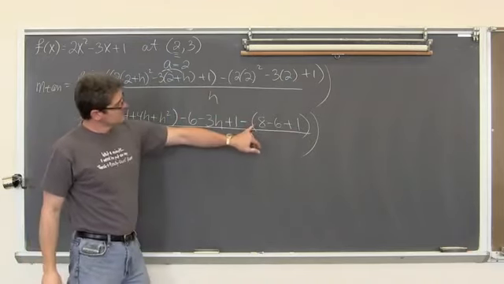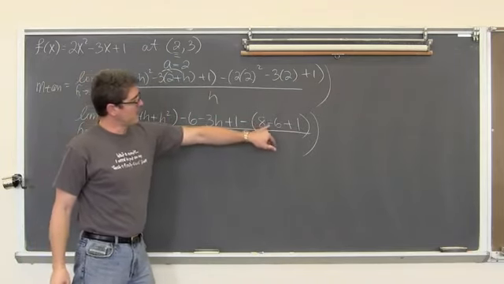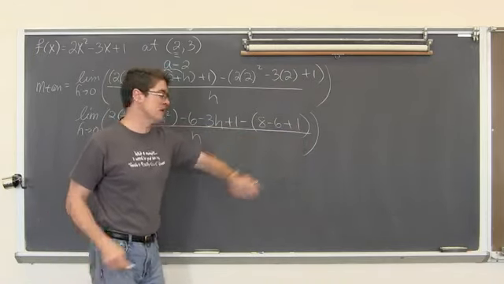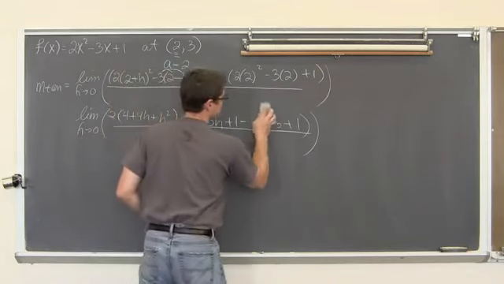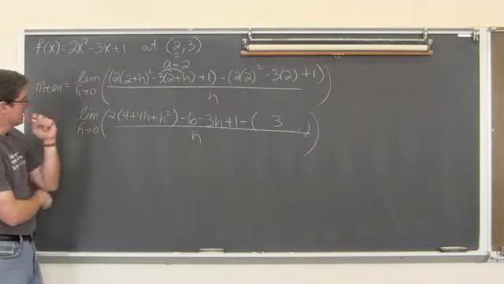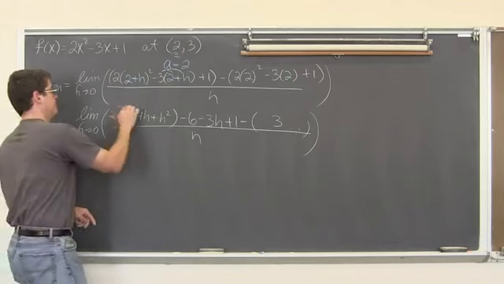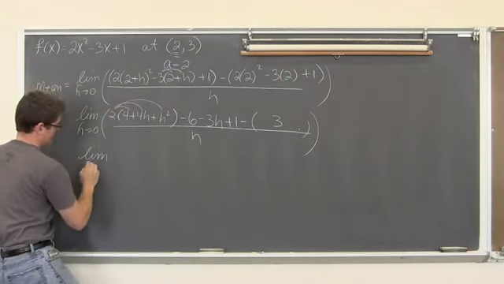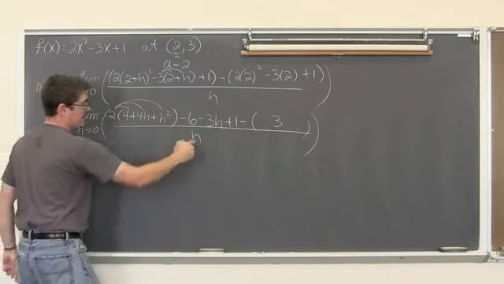Now, 8 minus 6 is 2, and 2 plus 1 is 3. Okay, need to distribute this 2 through. So we have the limit as h approaches 0. Right now it would be undefined.